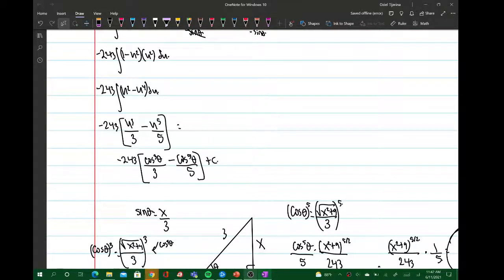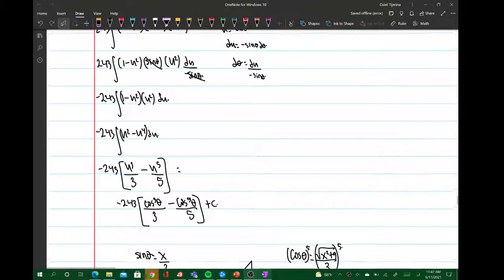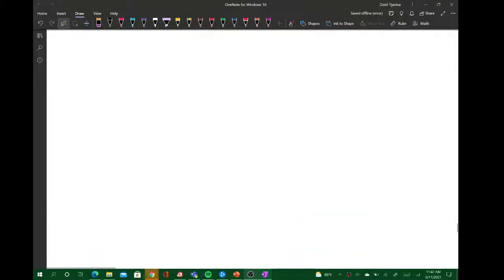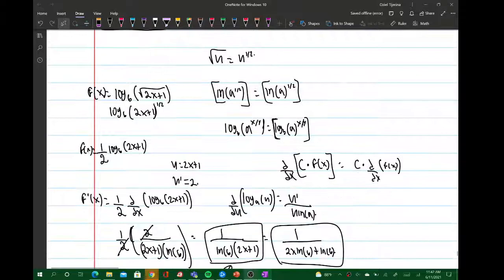The thing is, with power functions, it's very similar to log, and that's the bad thing.